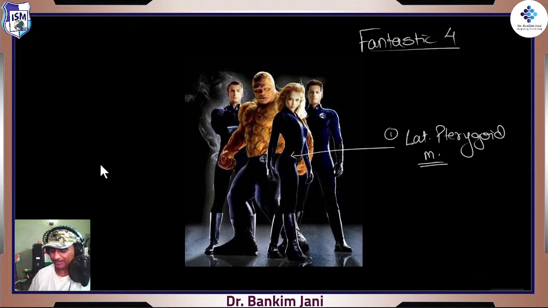Makes sense? Very delicate. So Sue Storm is the lateral pterygoid muscle. Okay, the biggest one would be this, Ben Grimm. So that is temporalis. Ben Grimm is our temporalis.